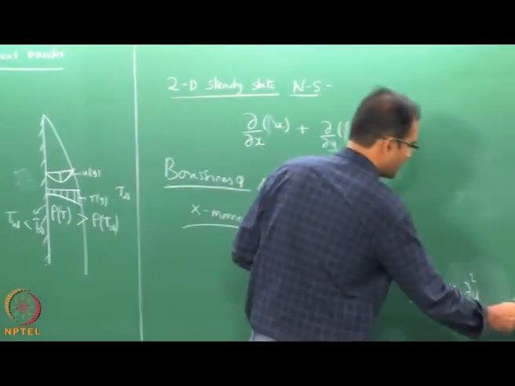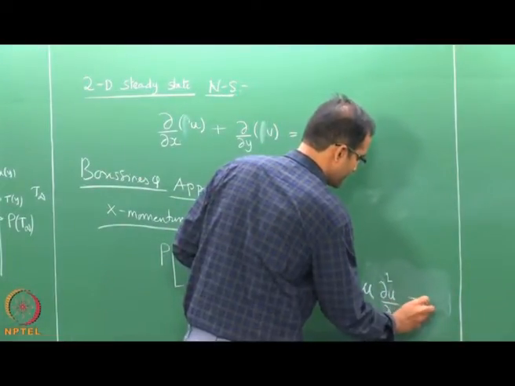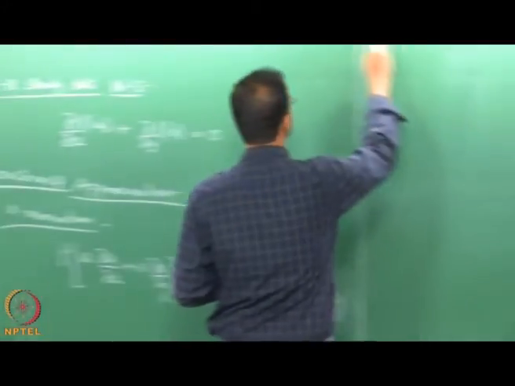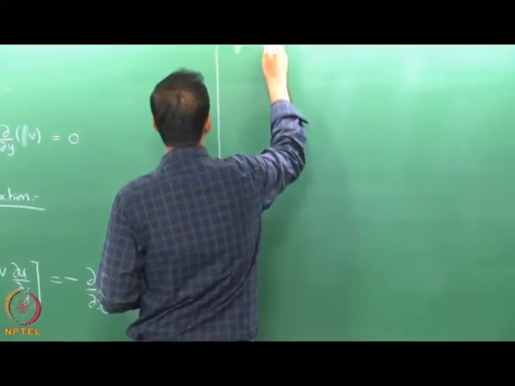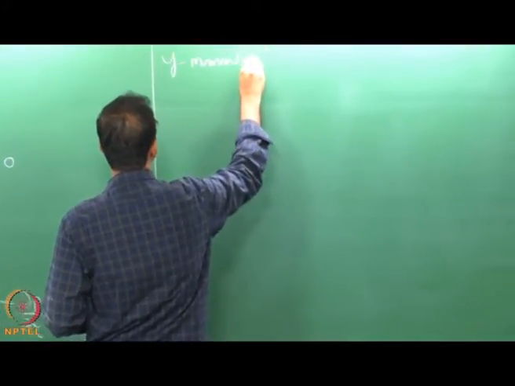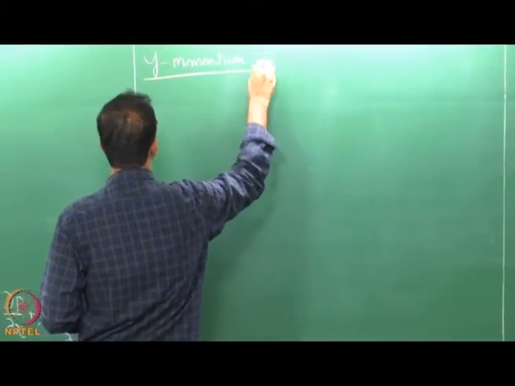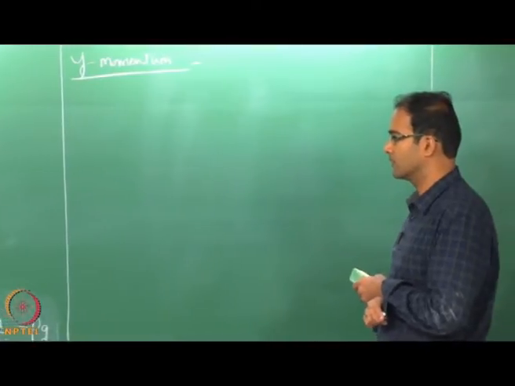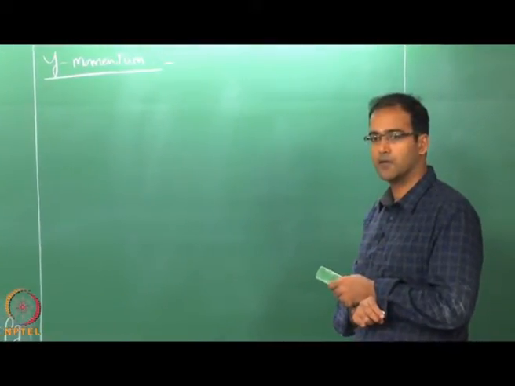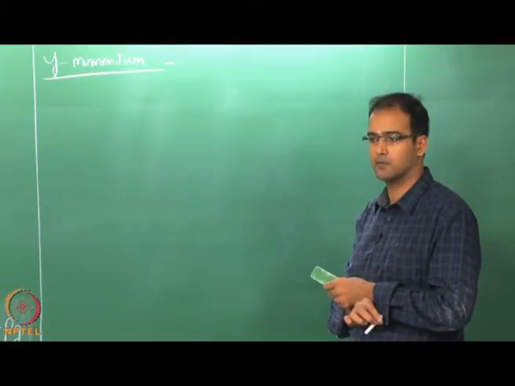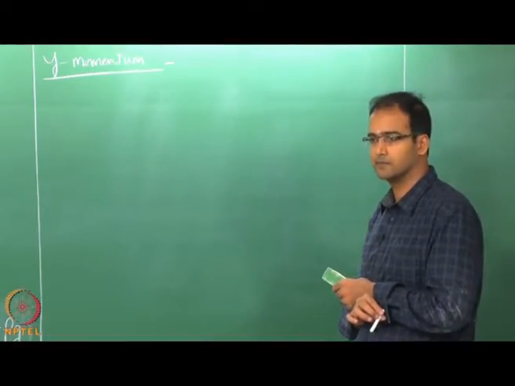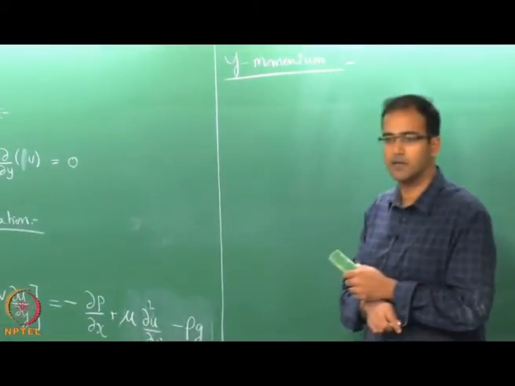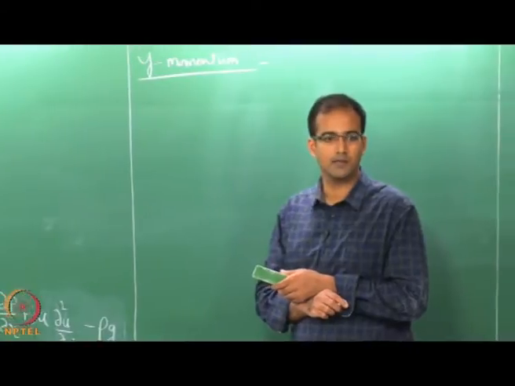Can you write down the y momentum similarly? So, what do we have for the convective terms in the y momentum? u dv/dx plus v dv/dy, but we do not have any v velocity.